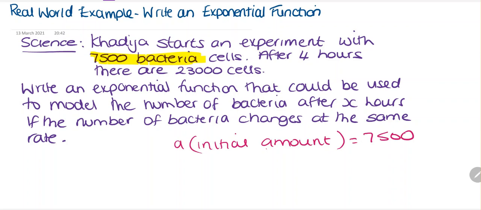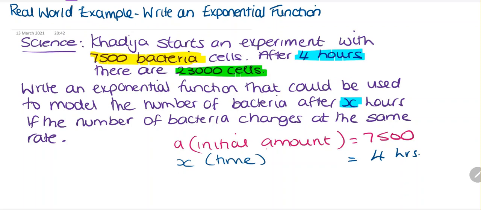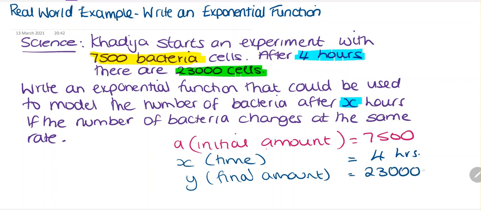So after 4 hours, so our time, and we're asked after X hours, so we're using X. This is going to be our time, and this will be 4 hours. And also we have 23,000 cells. So this is going to be Y, which is our final amount, the amount at the end. So this is 23,000 cells.